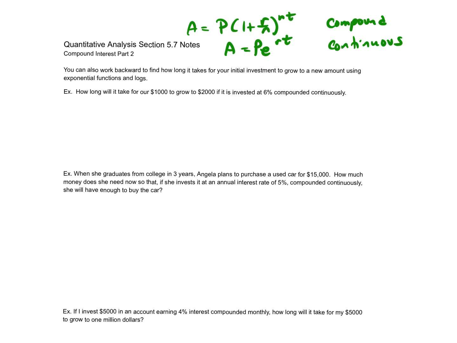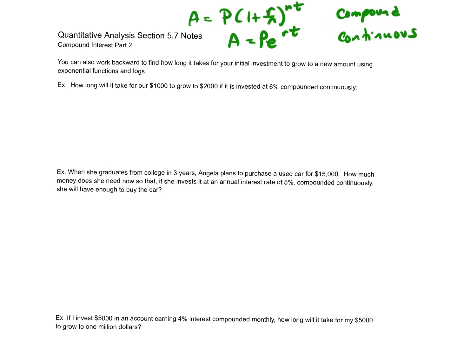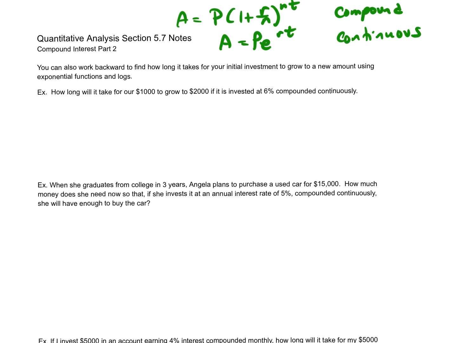So we're going to plug some numbers in, and we're going to use a little bit of our knowledge of exponential equations to solve these. The first one says, how long will it take for our initial investment of $1,000 to grow to $2,000 if it's invested at 6% compounded continuously? That's really important because that's going to tell me I have to use this equation, A equals Pe^(rt).